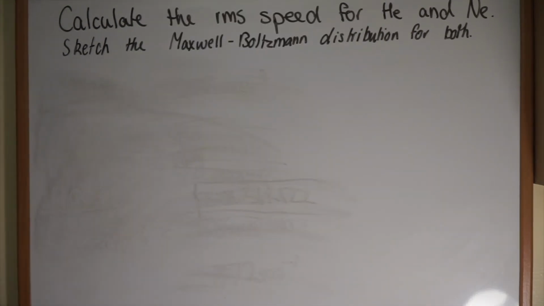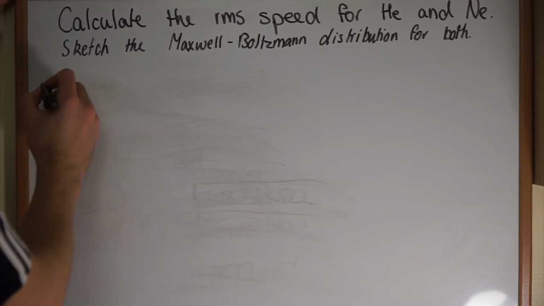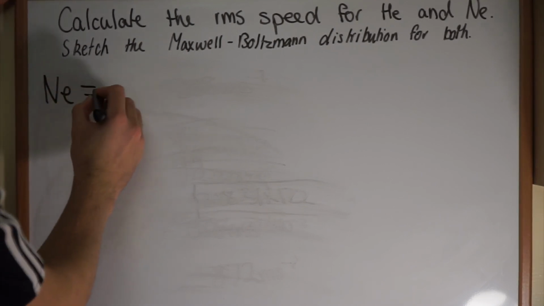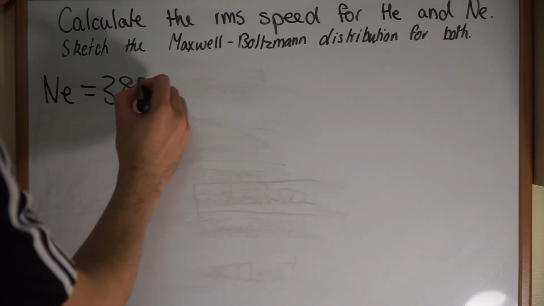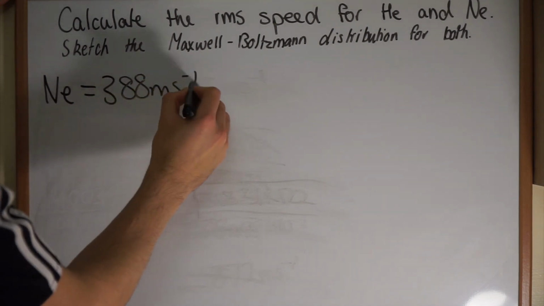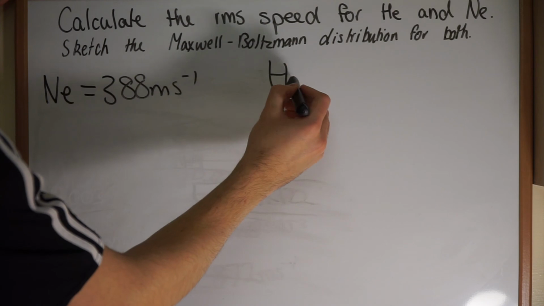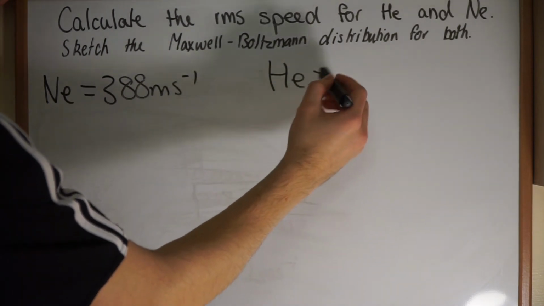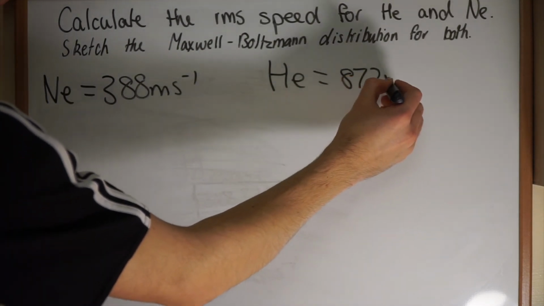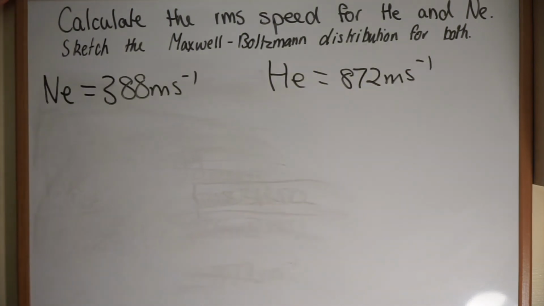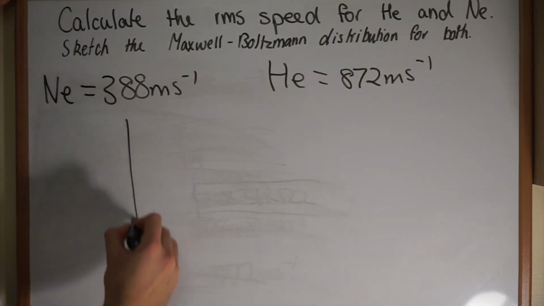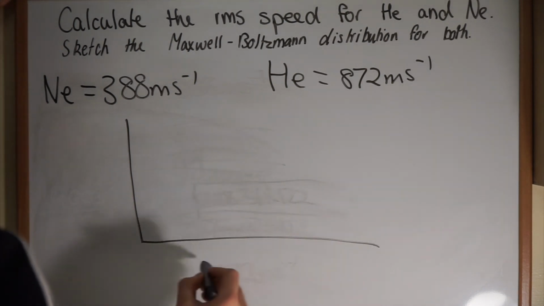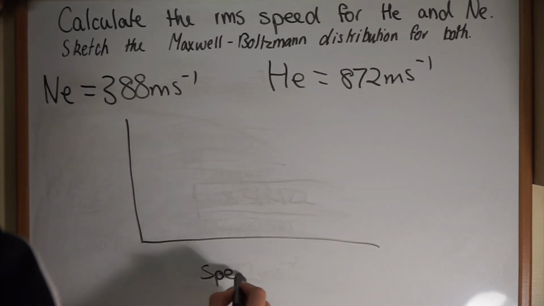So for this system we have worked out the root mean square speed for both. Neon is 388 meters per second and helium was 872 meters per second.